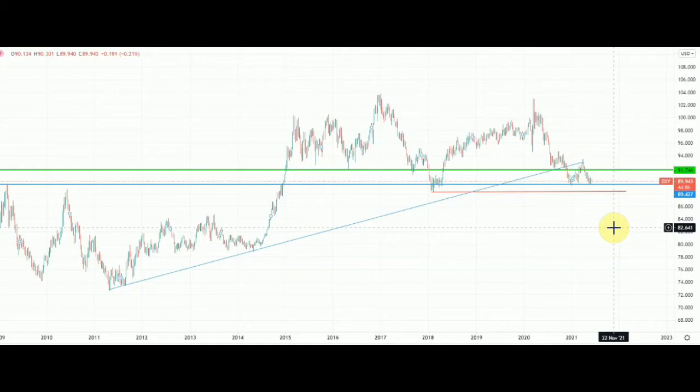Yes, so whenever it comes down from this 88.25 or breaks this zone, just blindly go on investing into Indian equity.